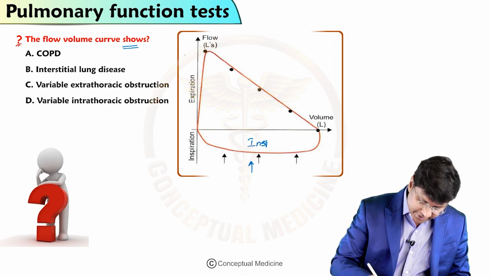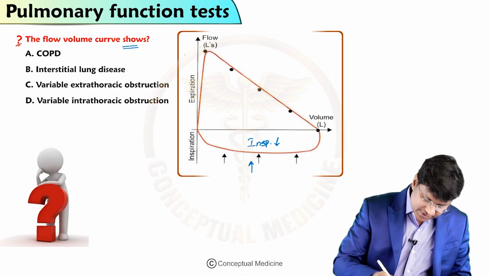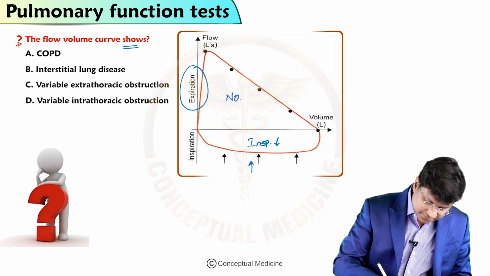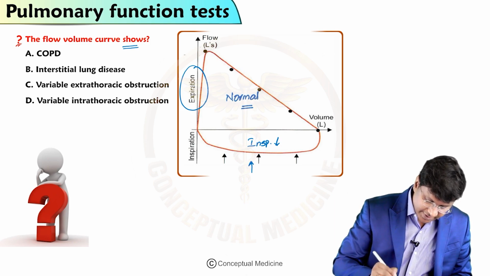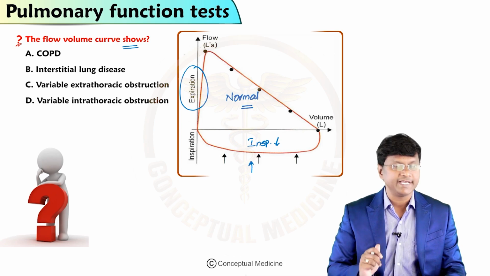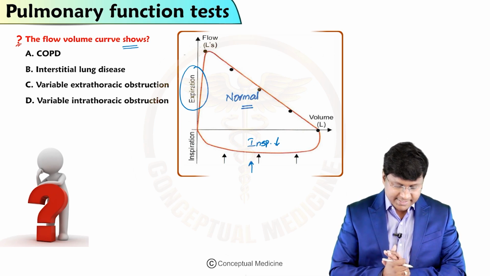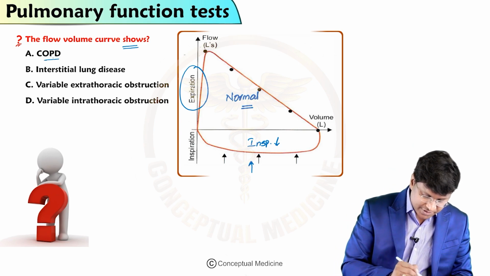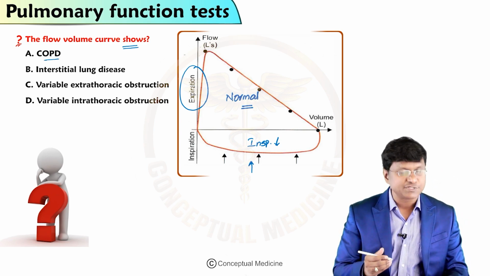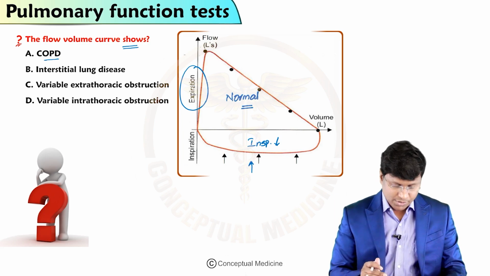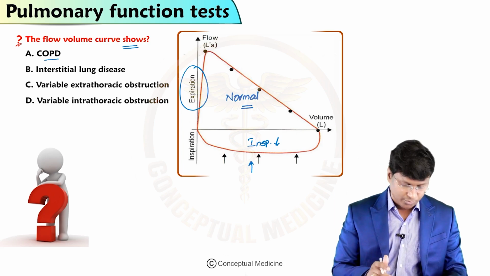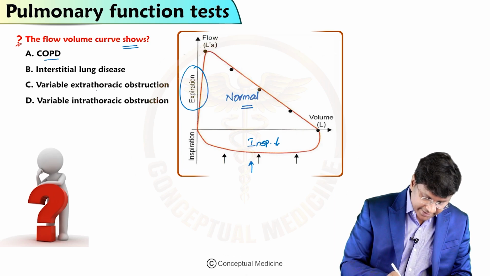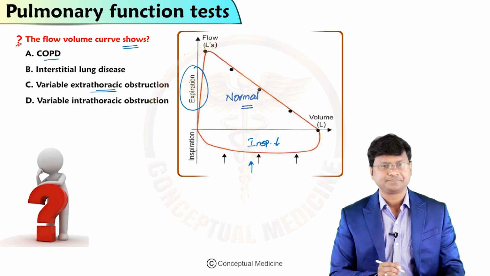The inspiratory component is reduced, whereas the expiratory component, if you see, is absolutely normal. Right? It is absolutely normal. Which one? The expiratory component. So now where will you have this flow volume loop? In patients with chronic obstructive pulmonary disease, it is mainly the expiratory component that will be reduced. So you will have this type of flow volume loop in case of variable extrathoracic obstruction.